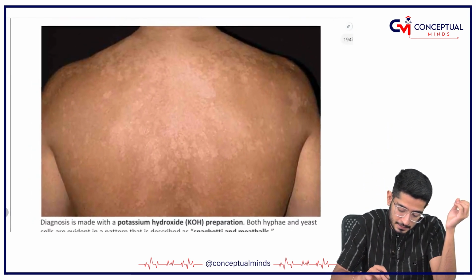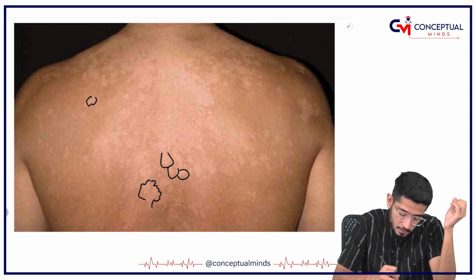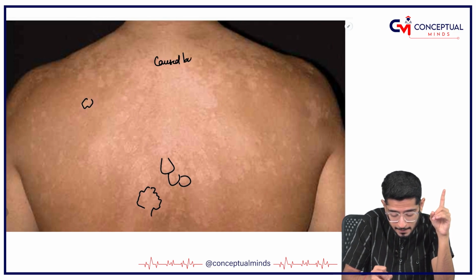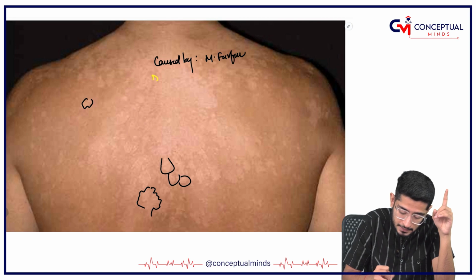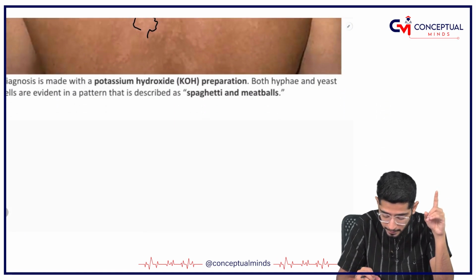And these are the hypopigmented skin lesions which are caused by Malassezia furfur, whereas the disease is Tinea versicolor.